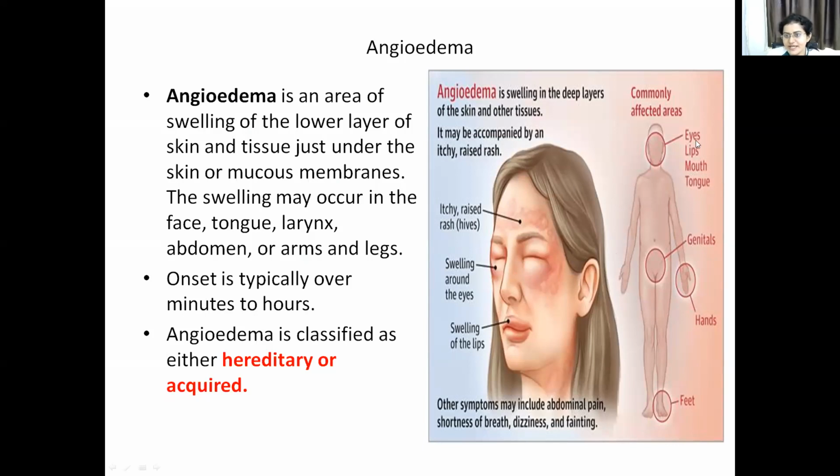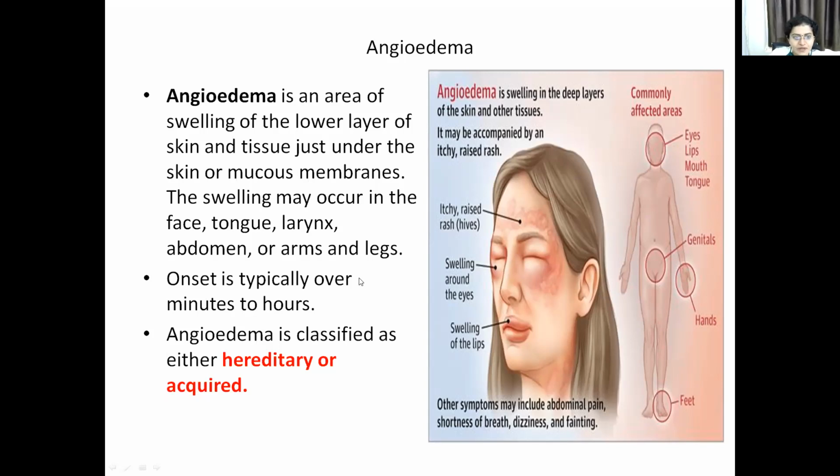Most commonly the areas will be your eyes, lips, mouth and tongue. You can see rashes, swelling below the eyes, then swelling of the lips, and other symptoms will be abdominal pain, shortness of breath, dizziness and fainting. Commonly affected areas will be eyes, lips, mouth, tongue, genital area, hands and feet.